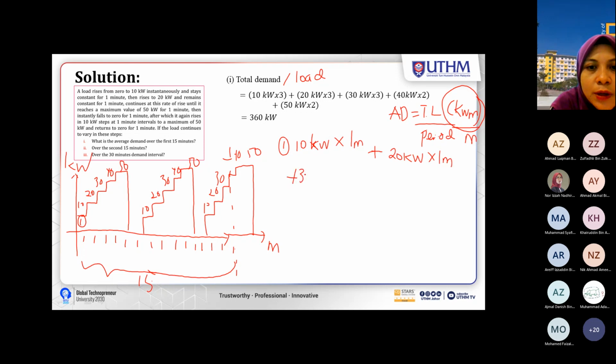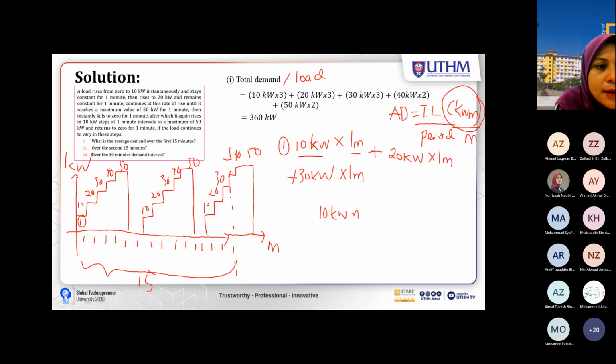Tambah 30 kilowatt kali dengan 1 minit lagi. Buatlah sampai kat sini. Tapi bila kita tengok balik semula, 10 kilowatt kali dengan 1 minit, dia dapat 10 kilowatt minit. So 10 kilowatt minit, sebab dia 1 minit je.